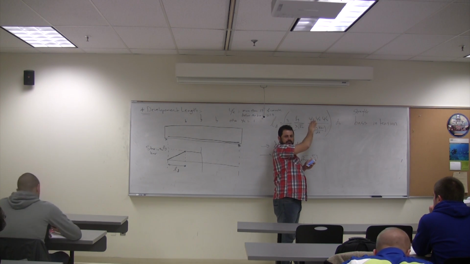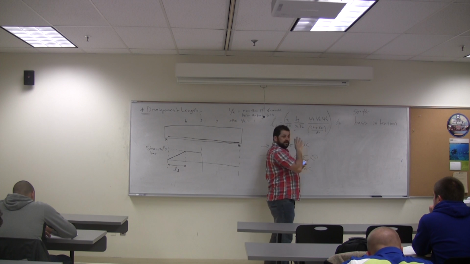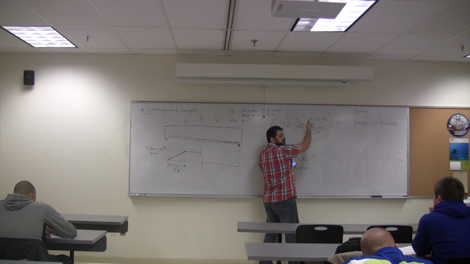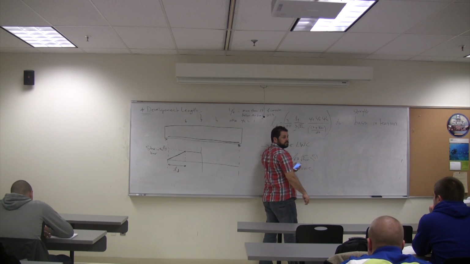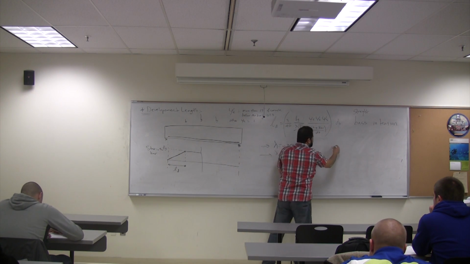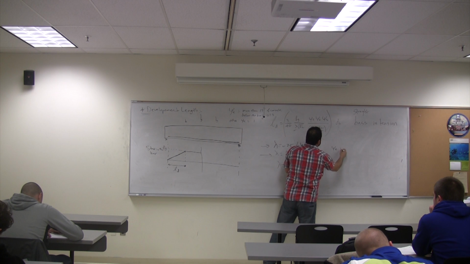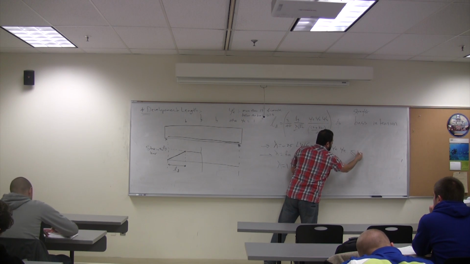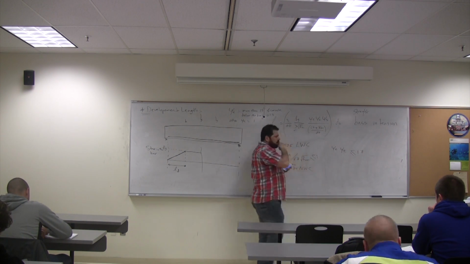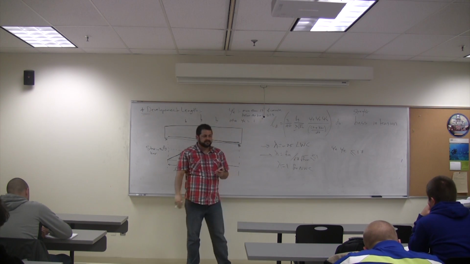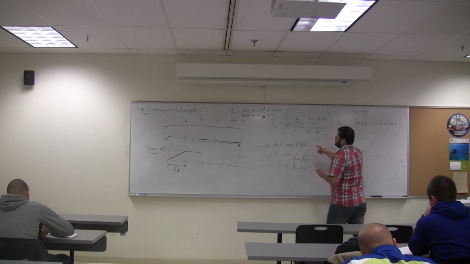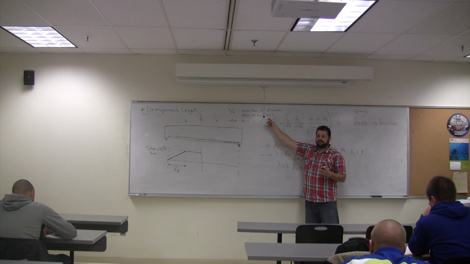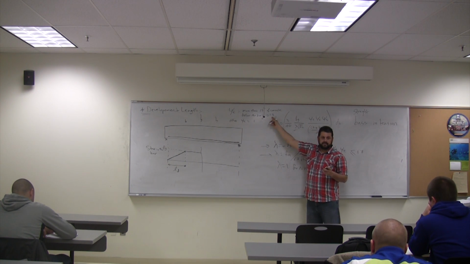If I tell you non-epoxy, it's 1. Now look, the code says there is a limitation also on those two together. Psi T times psi E must be less or equal 1.7. Look at this. Psi T can have a maximum of 1.3.